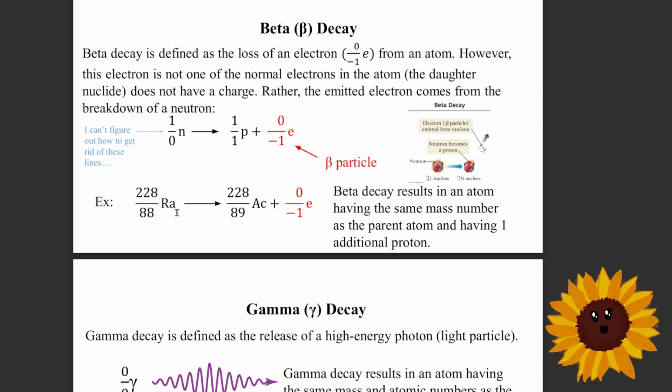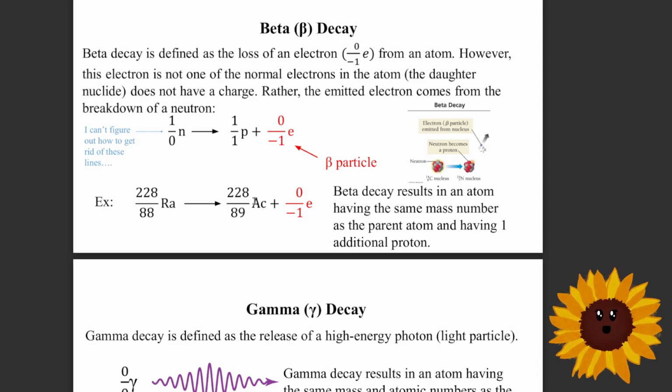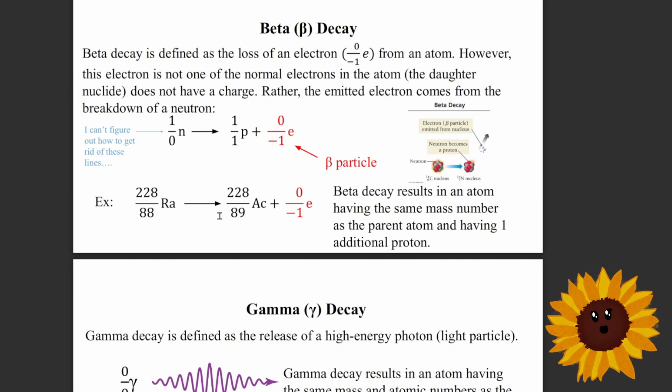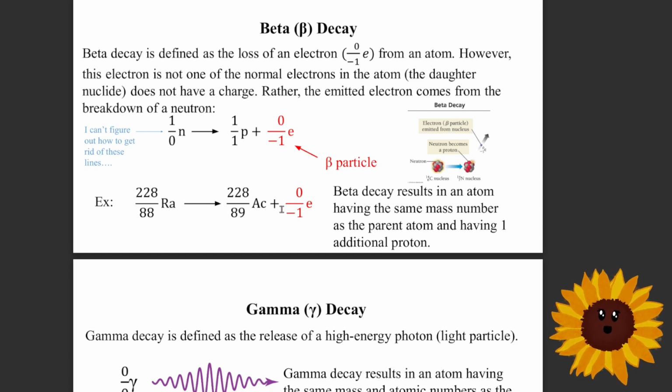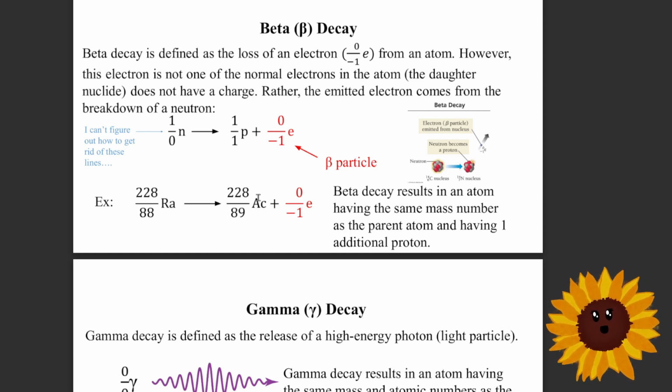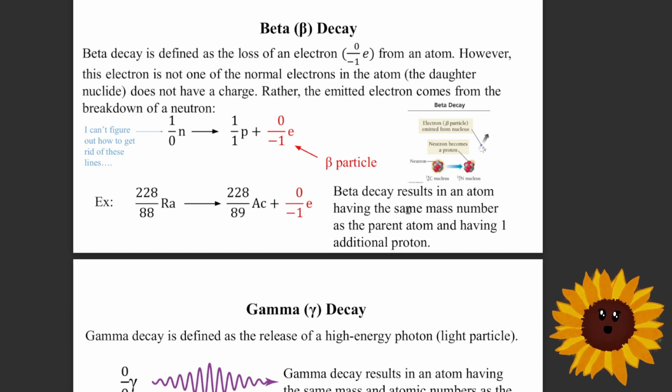So for example, if we take radium, I'm not sure what Ac is, but radium goes from 228 over 88, and it goes to 228 over 89. So over 89, this is the number of protons, plus 1 electron. So what you can write here is this plus 1 electron. You don't have to put 0 over -1. I've never had to do this.